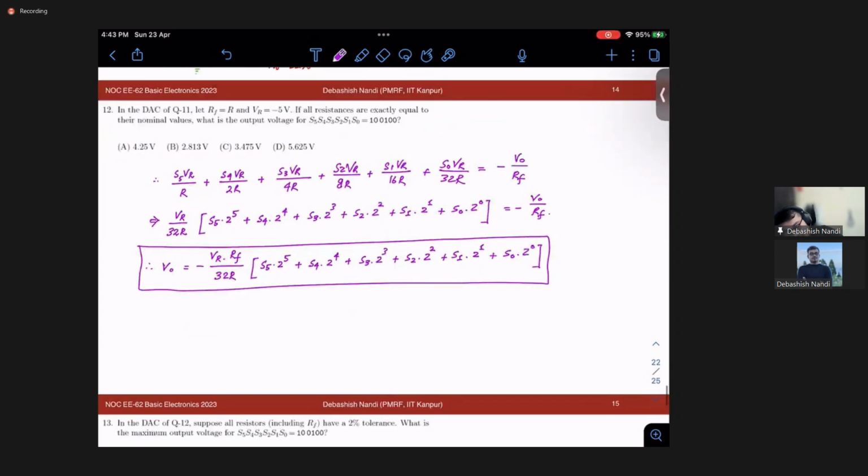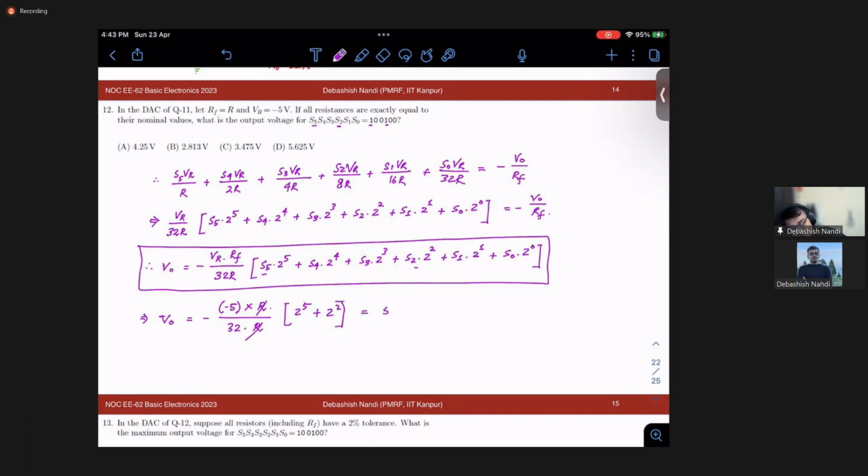So what do I have? I have S5 is 1 and S2 is 1. Okay, so I have V0 equal to minus, what is my VR? Minus 5 into RF is R by 32 into R, and what will I have? I have this 2 to the power 5 plus this 2 square, right? So I have this cancel. This will be 36.